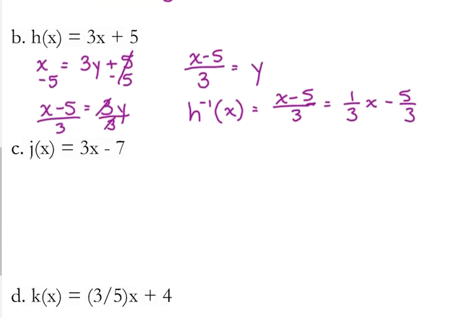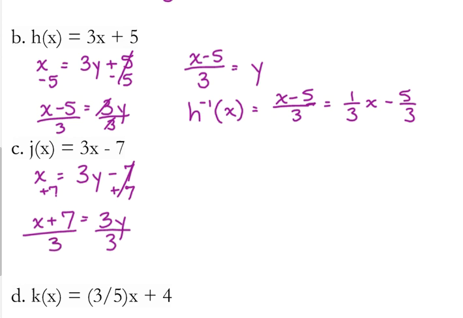Okay, let's look at C. Very similar to B. What do we need to do first? Switch the x and y. So what's our first step in getting y by itself? Add 7. So it's gone on the right side. x plus 7 is equal to 3y.